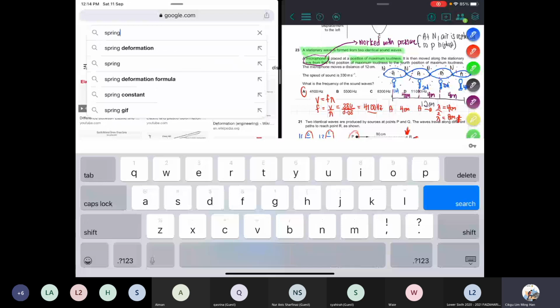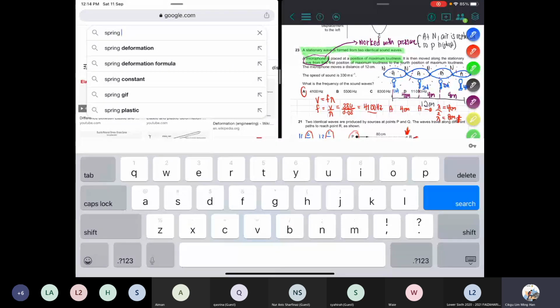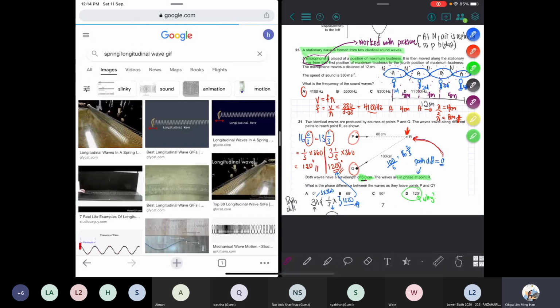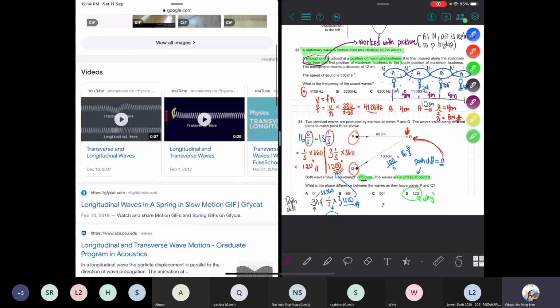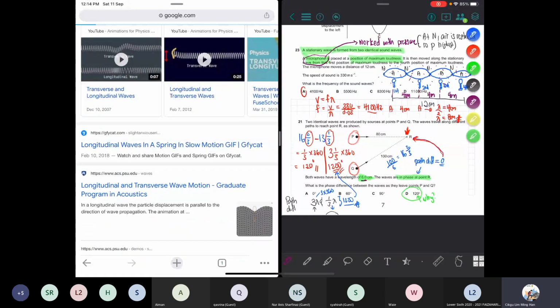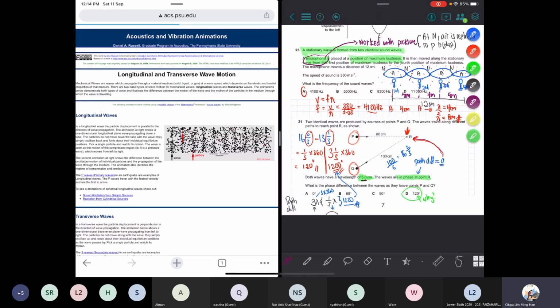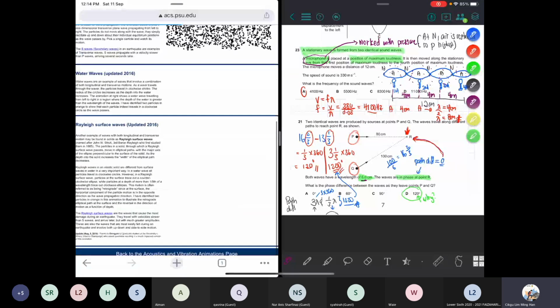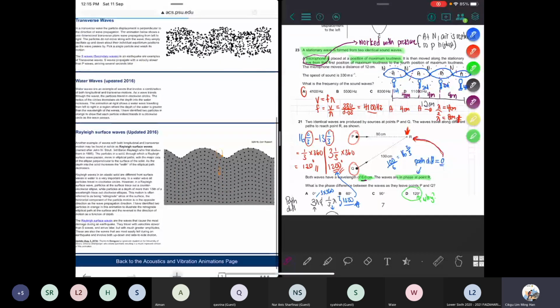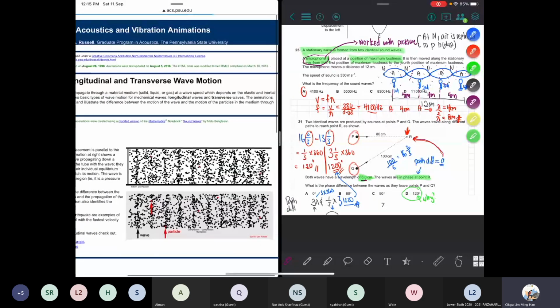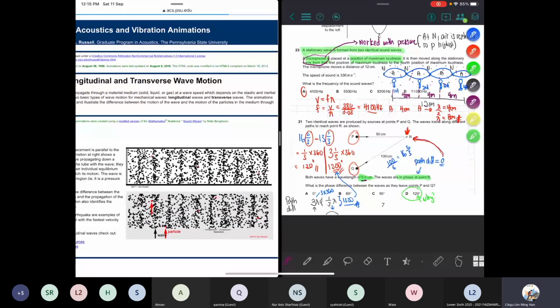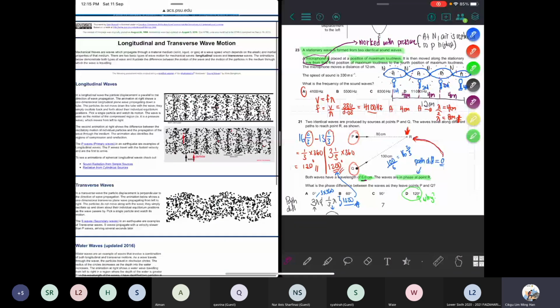Spring. Longitudinal wave GIF. This is not what I want.